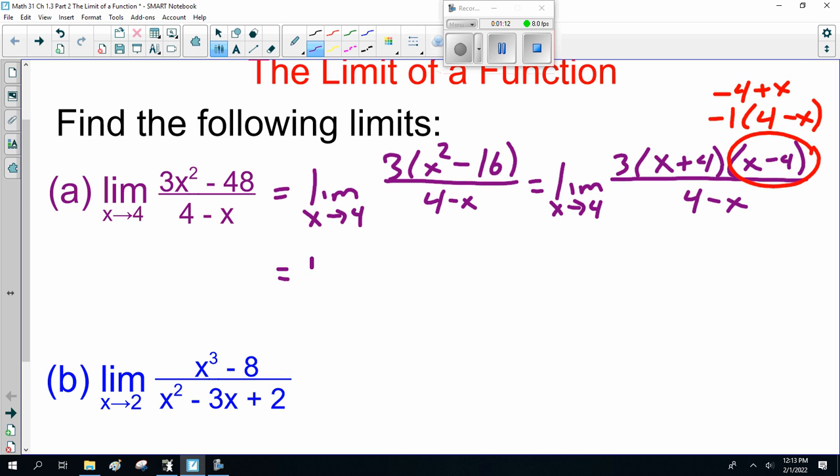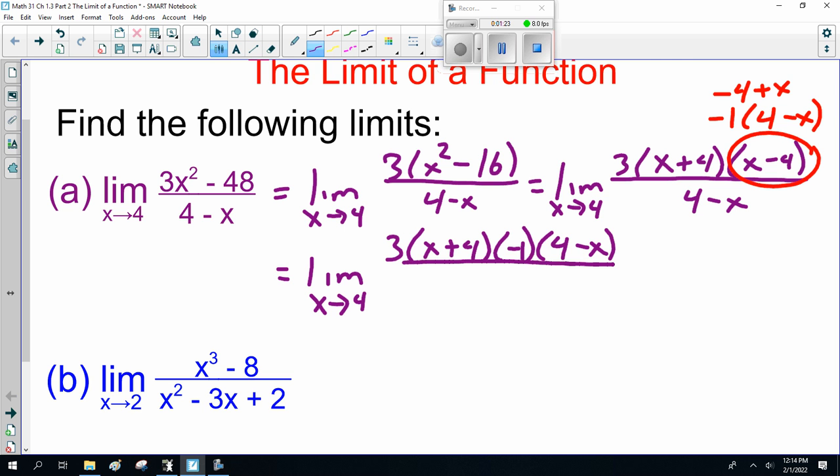So this becomes the limit, x goes to 4, of 3 times x plus 4 times minus 1 times 4 minus x. Now, I will say, you guys show me you're sharp. If you want to cancel, if you want to skip some steps, I'm certainly fine with that. I really don't mind. Limit as x goes to 4 of minus 3 times x plus 4.